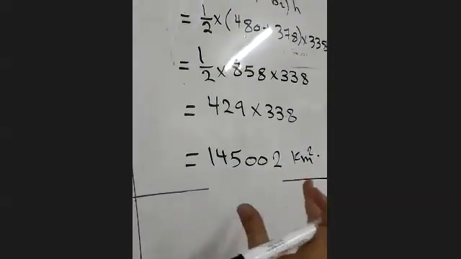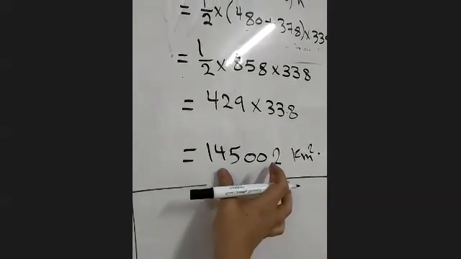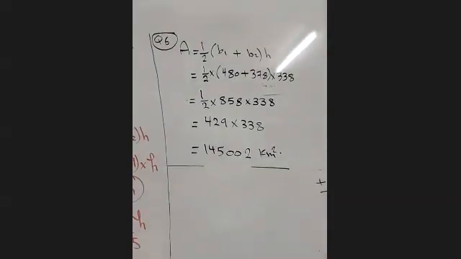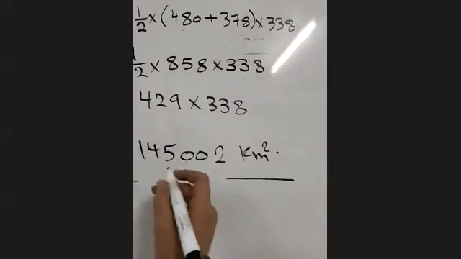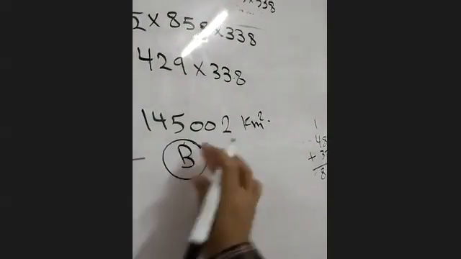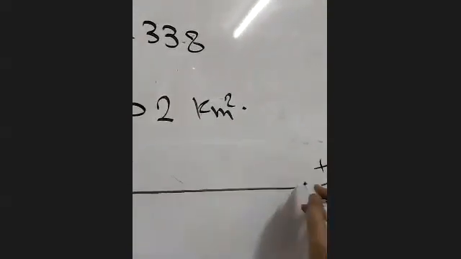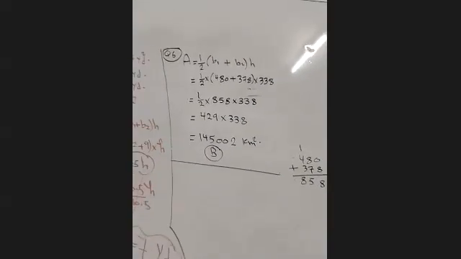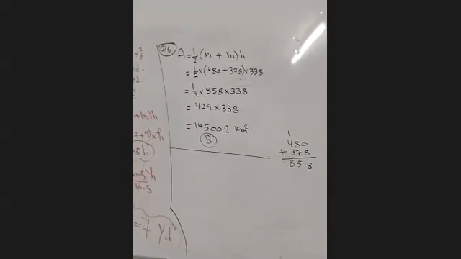So which one is close to this number? 154,602. Exactly. Choice B is the closest answer for us, the approximated area. Do you understand that?